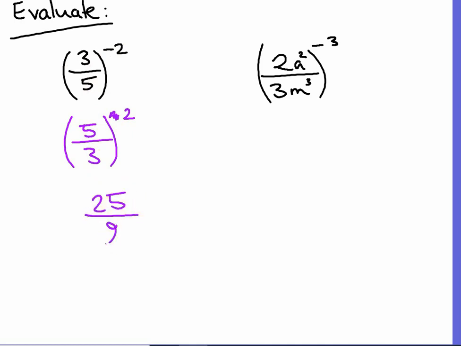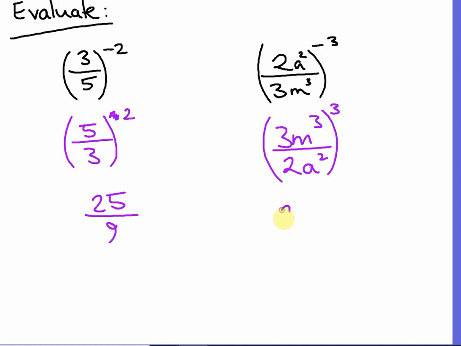Now these are much harder, but I've got a negative power, so I'm going to reciprocate. Power becomes positive when we do the reciprocation. Now you've got to be careful because each of these parts, the numerator and the denominator, is raised to the power of 3.